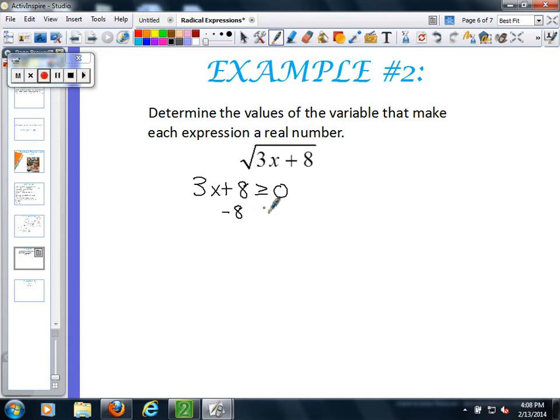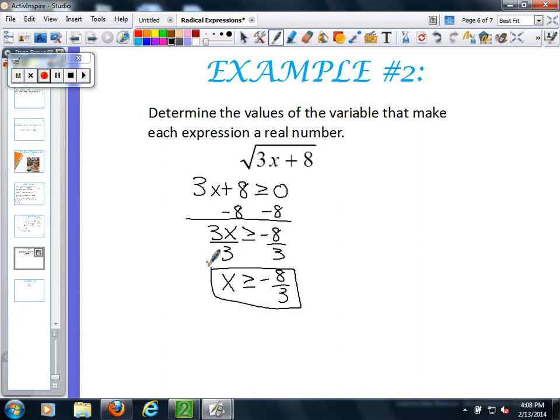Now I solve for x, so I subtract 8 from both sides. I get 3x is greater than or equal to negative 8. I divide by 3, and I get that x has to be greater than or equal to negative 8 over 3.